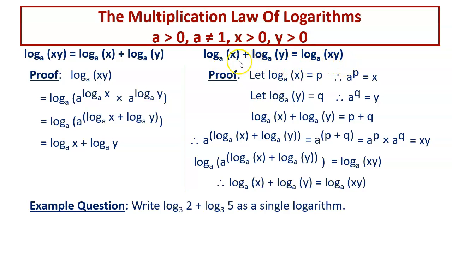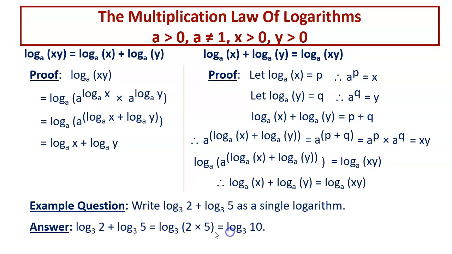So we are given two terms having the same base. This is important. The base should be the same. If you have two terms with the same base connected by the plus sign, the arguments get multiplied. So this will be equal to log of the two arguments, 2 and 5, getting multiplied, 2 times 5, and the base remains the same.